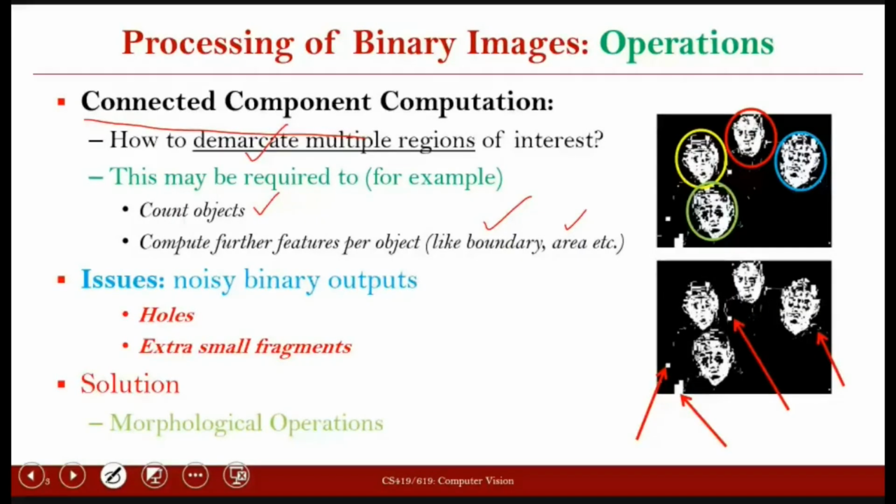Now, when we are computing the connected components, we discussed in the last class that we face some challenges. These challenges come because of the existence of holes in the binary image and because of the existence of small fragments, which may not be representing the true objects there. We also discussed that the solution to these problems can come from morphological operations.